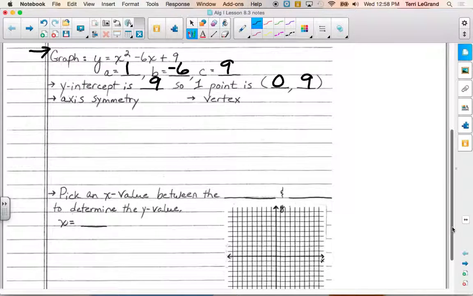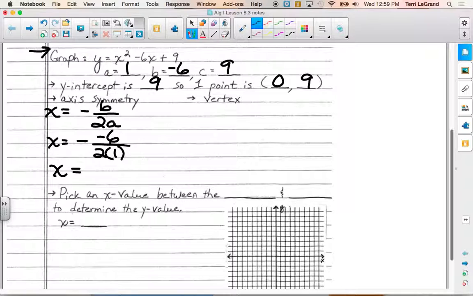Okay, axis of symmetry is what we're going to do next, because the axis of symmetry also leads us to the x value of the vertex, doesn't it? So let's do x equals the opposite of b over 2a. We put in our b value, which is -6, and our a value, which is 1. 2 times 1 is 2. -6 divided by 2 is -3.